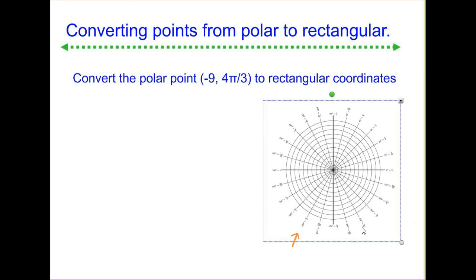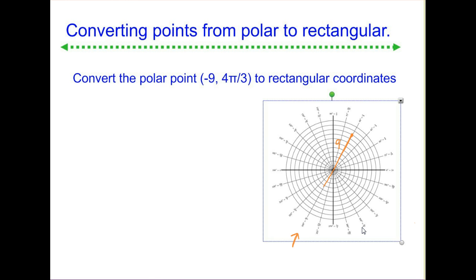And instead of drawing a radius 9 units coming this direction, we're going to do 9 units going in the opposite direction. So that'll be 1, 2, 3, 4, 5, 6, 7, 8, 9. That'll put me right here. So we know that's 9 units long.